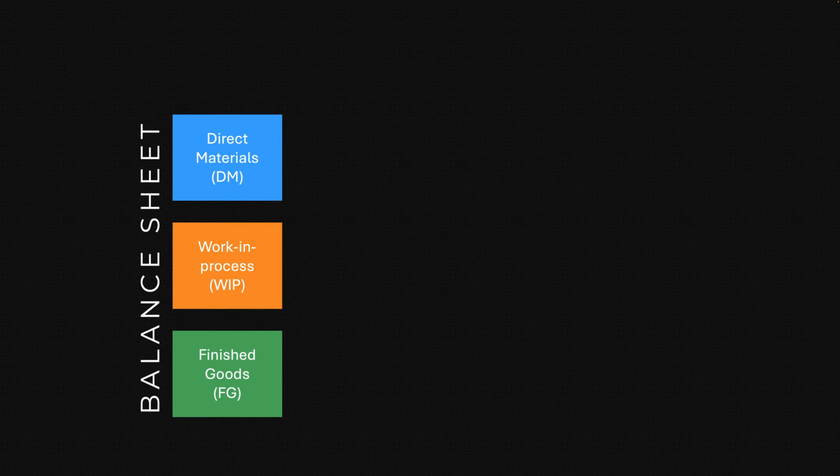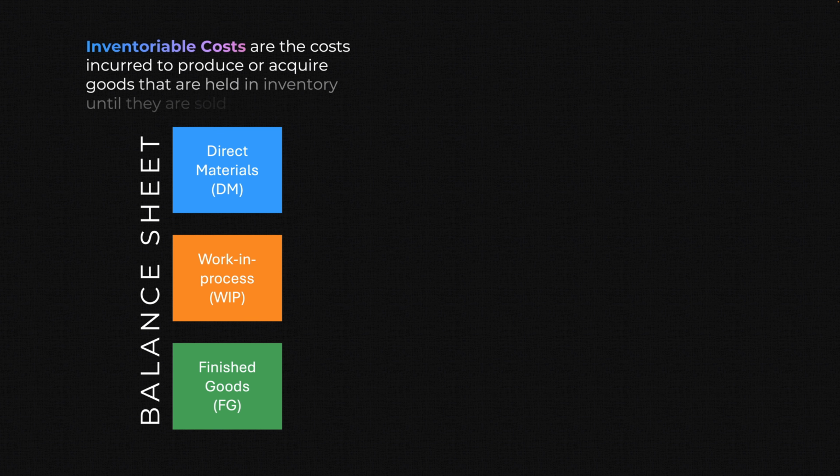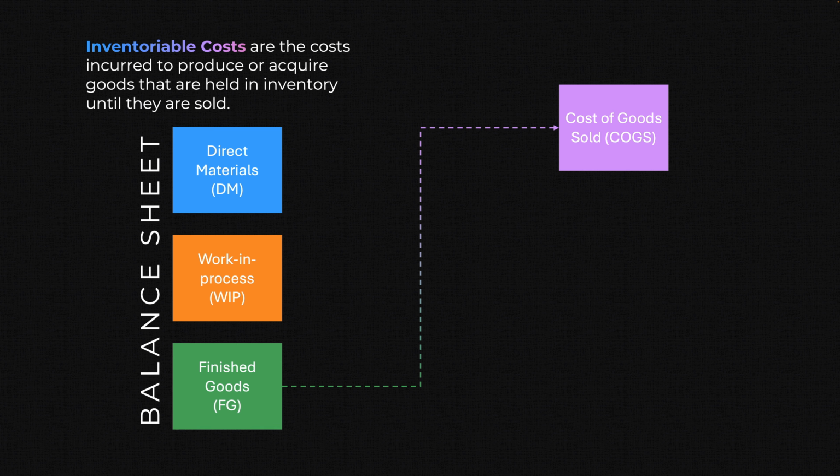This is a way to visualize what is meant by inventoriable costs are the costs incurred to produce or acquire goods that are held in inventory until they are sold. Emphasis on the end there, until they are sold, meaning finished goods eventually goes to cost of goods sold.